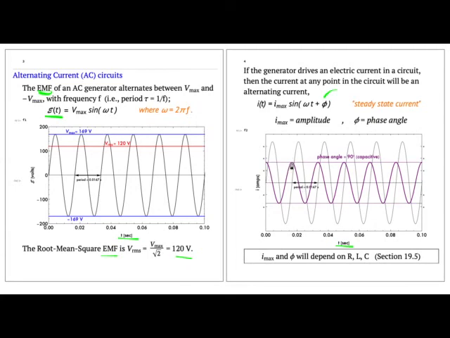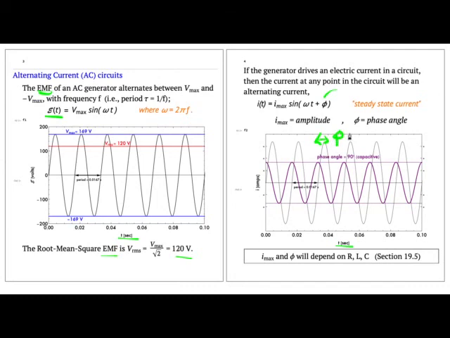But the place where the maximum occurs is not the same for the current and the voltage. That difference in time between the maximum of the voltage and the maximum of the current, that's phi.